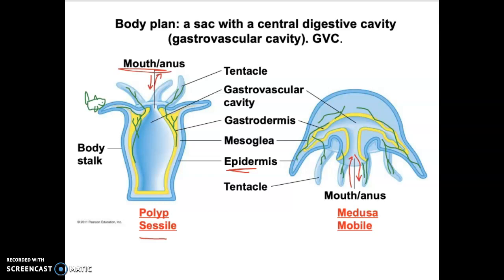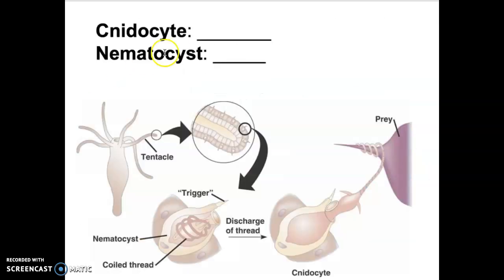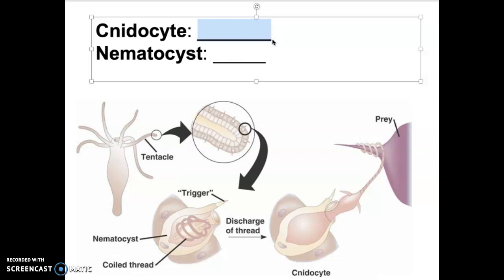So, okay, so let's see. Terminology and structures to get very, very comfortable with. Cnidocyte. Cnidocyte is the gun. Nematocyst is the bullet.